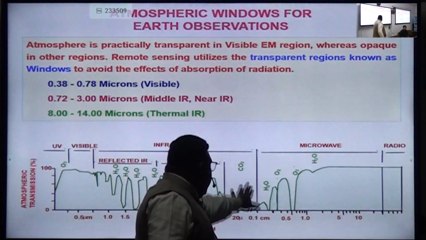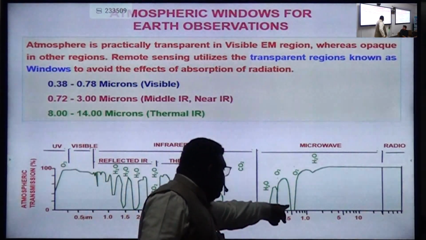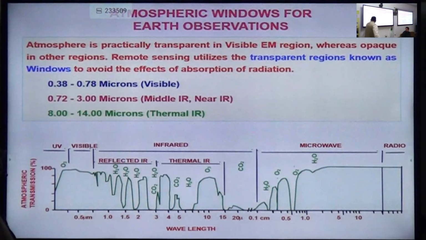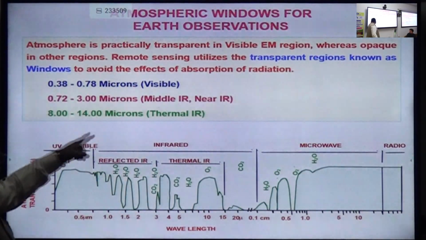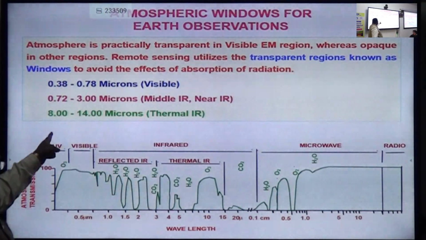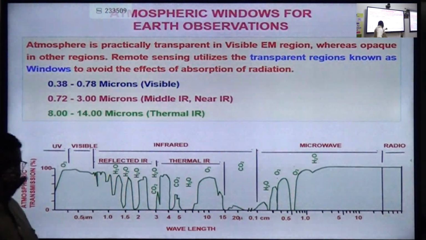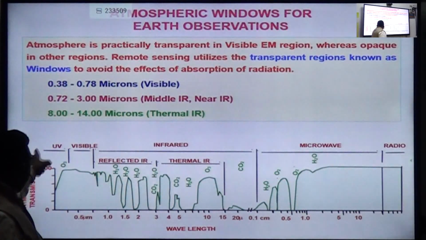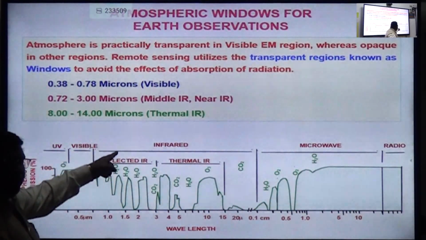So here, can I utilize the remote sensing data? No, because it is opaque. Where can I utilize it? Here, the visible region, then infrared. In the thermal infrared here you can see, this is thermal infrared. Some of the portions you can utilize, and also microwave.